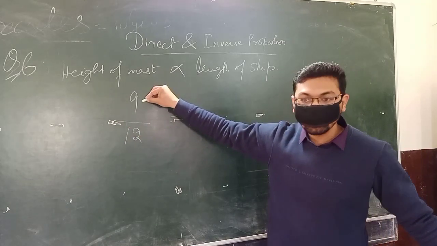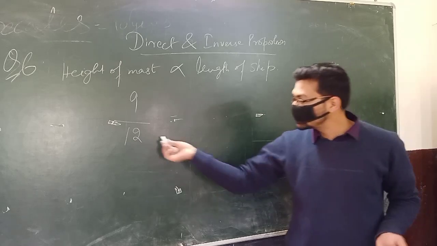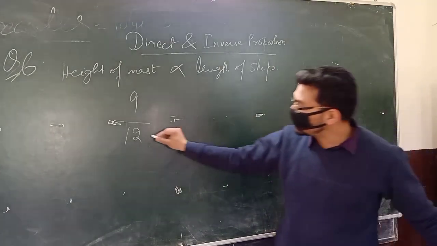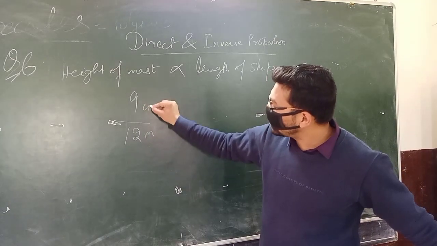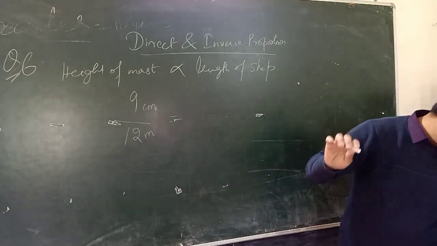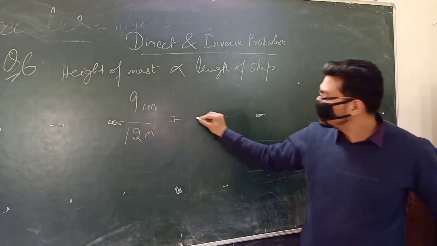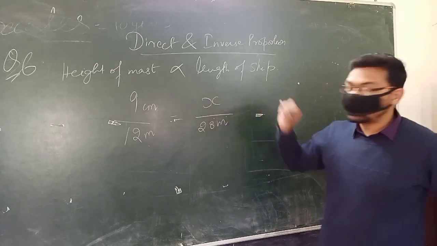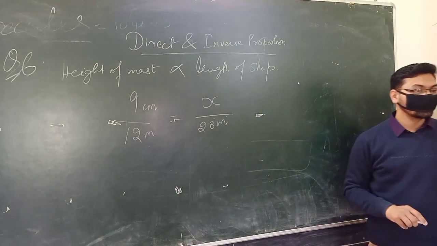So this is for model ship, and this is for actual ship. And length of ship is 28 meters. So you need to find the length of that model.